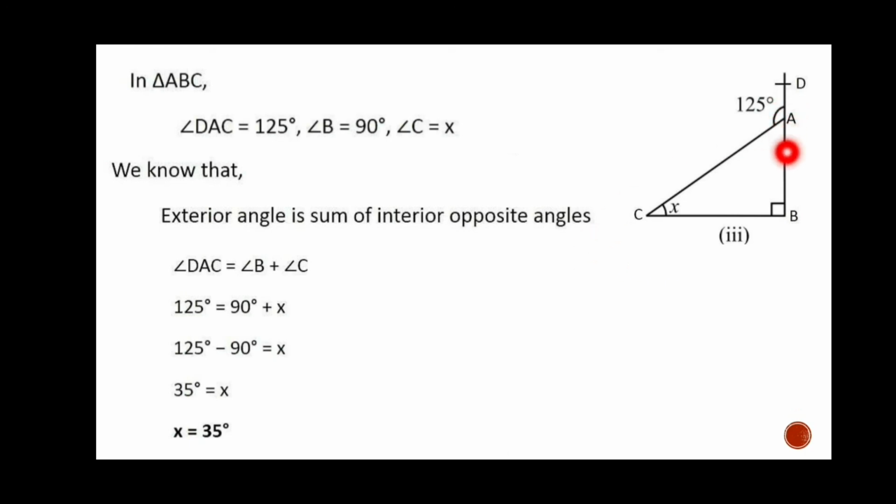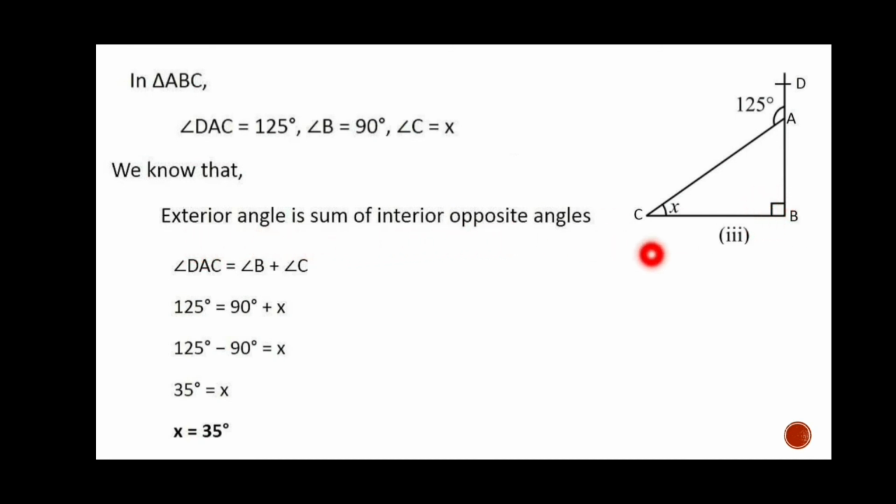So in triangle ABC, angle DAC, which means this exterior angle, is 125. Angle C is x, which we have to find, and angle B is 90 degrees. This symbol represents 90 degrees.